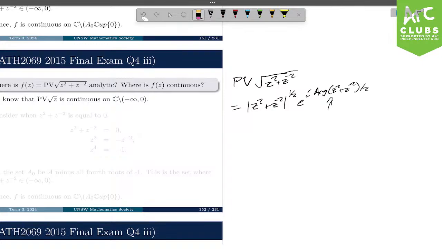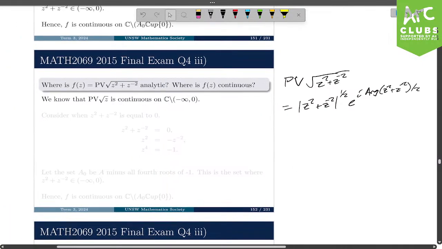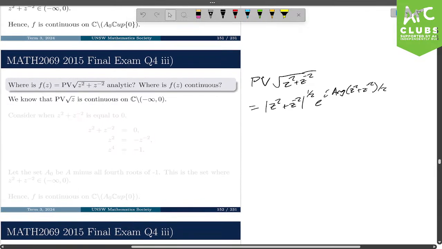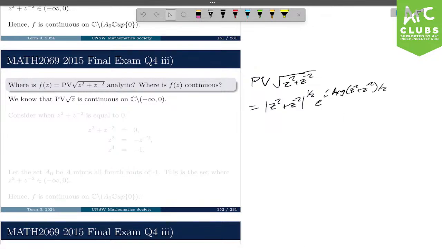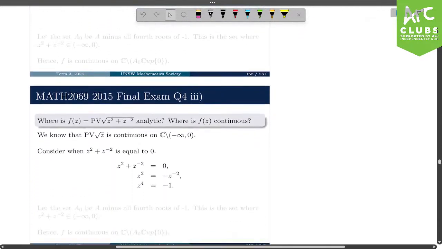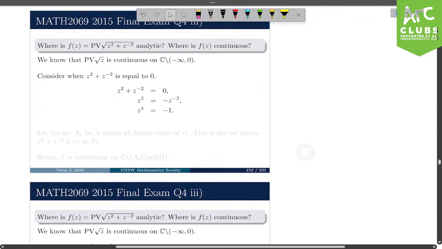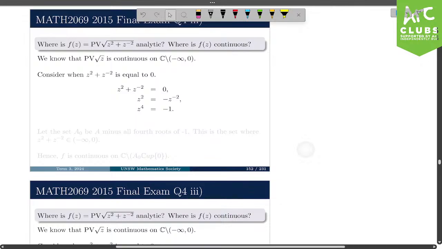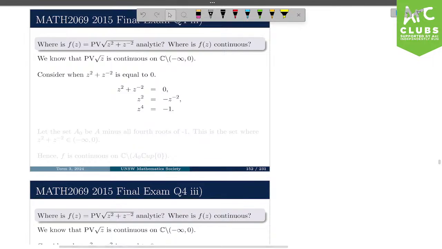Okay, and so let's go ahead and determine where it is analytic. So we need to take a derivative first things first. To tell when a principal value function is analytic, we need to be thinking about where are the endpoints at which there are discontinuities.